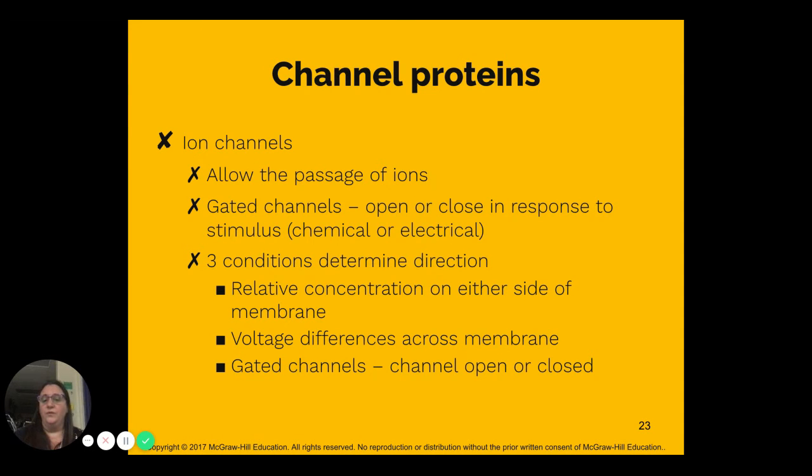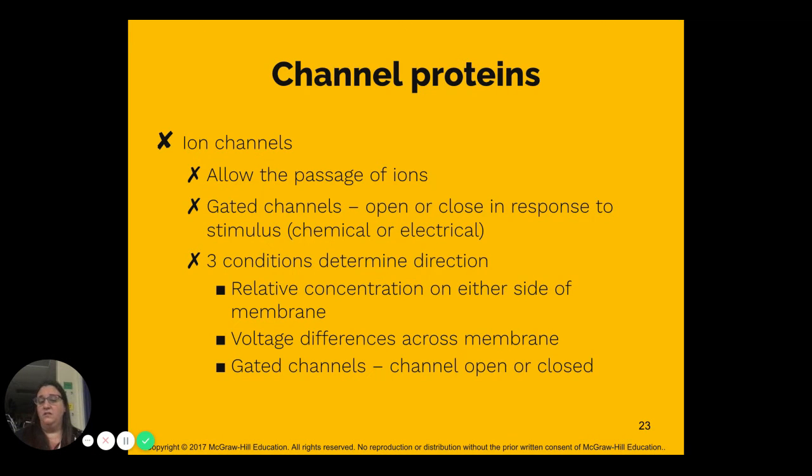Those channel proteins that are embedded in the membranes can be ion channels, which will allow the passage of those ions, those charged particles. You can also have gated ion channels, which will open and close in response to some sort of stimulus, a chemical or electrical stimulus that the cell membrane is receiving. And we have to look at which direction those molecules are flowing.